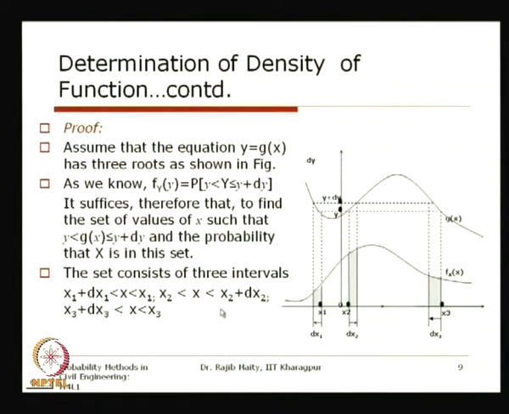As we told, dx1 is negative, dx3 is negative, and dx2 is positive. That's how this movement works: from y it is going to here. So y corresponds to x1 and y plus dy corresponds to this point, which is why dx1 is negative here, coming from this point to this point.